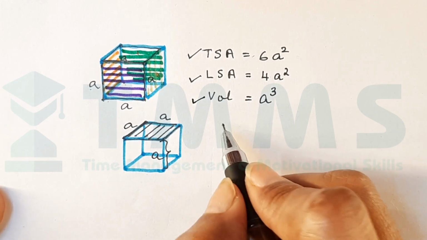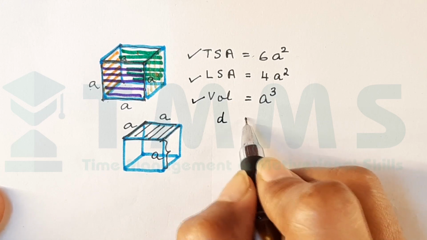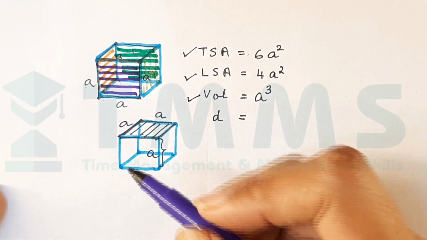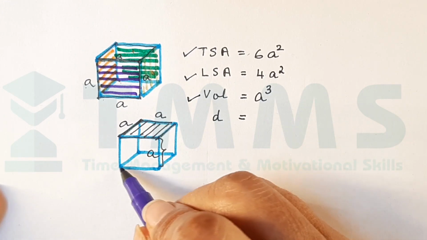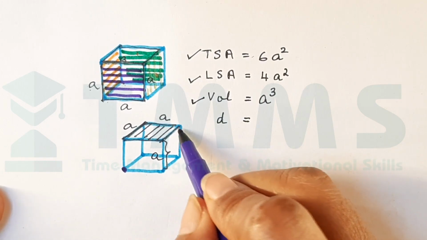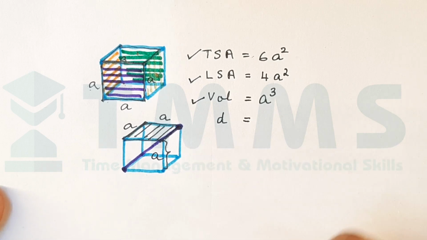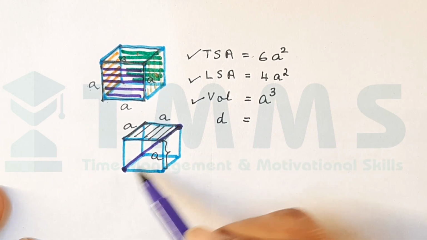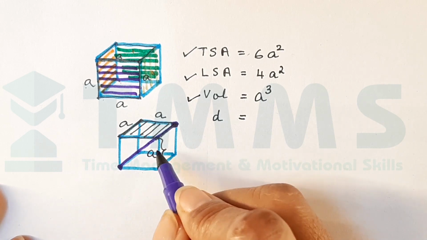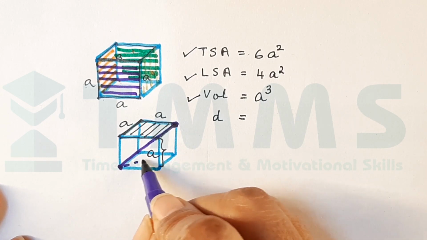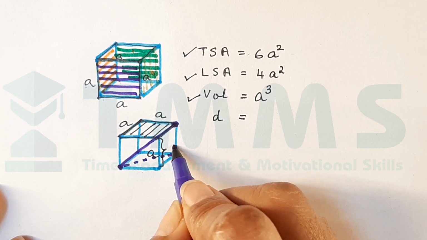Now let us look at the next one, which is diagonal. The diagonal is actually when you take this vertex and then you take the vertex across. When you join it up like this, that becomes the diagonal. Now for the diagonal, we have to take this right triangle.